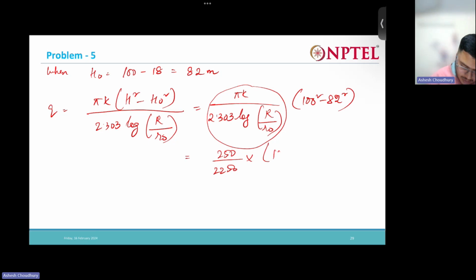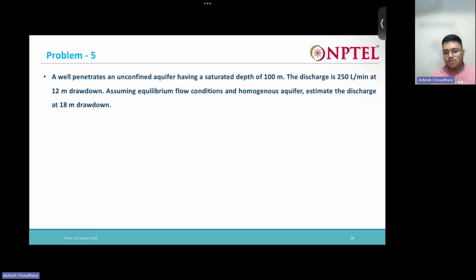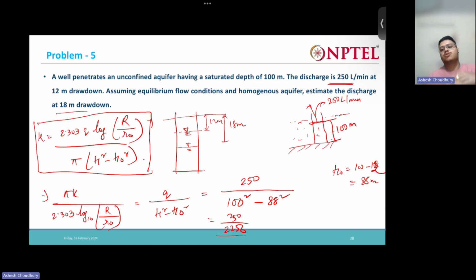We will get Q2, the flow, as 363 liters per minute. Obviously you are pumping more water out, right? So the water depth has gone farther below. This is how we have to do this.